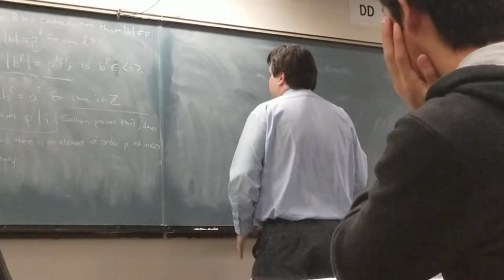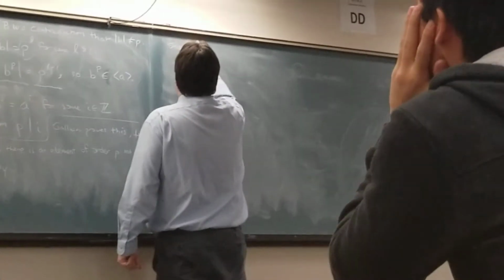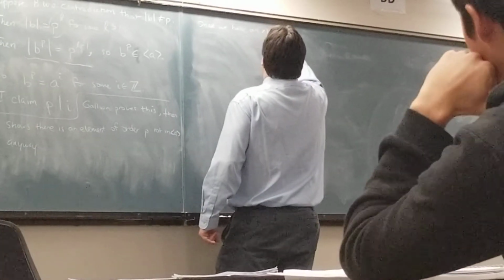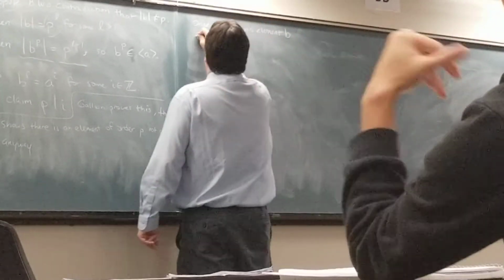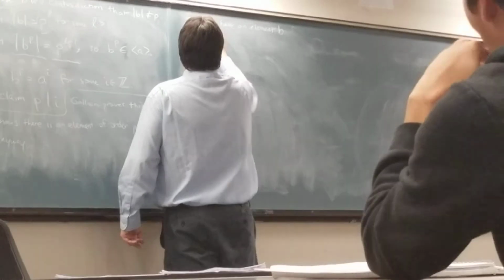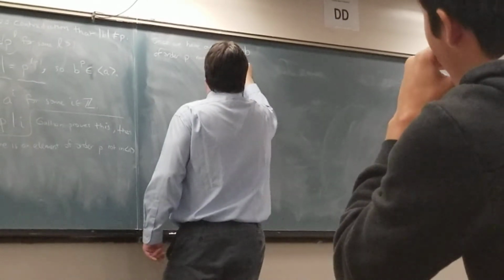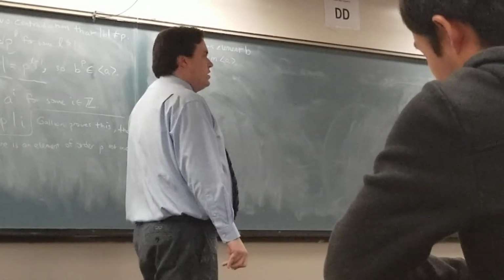So once we have an element B of order P not in this subgroup, here's what we do next.